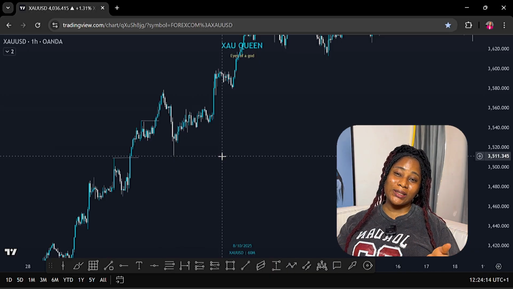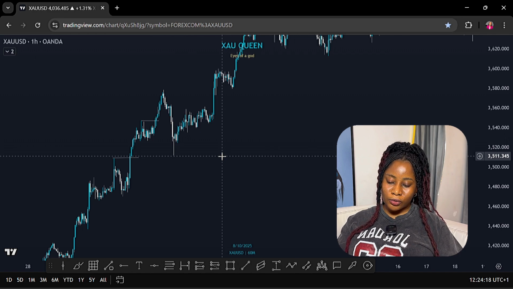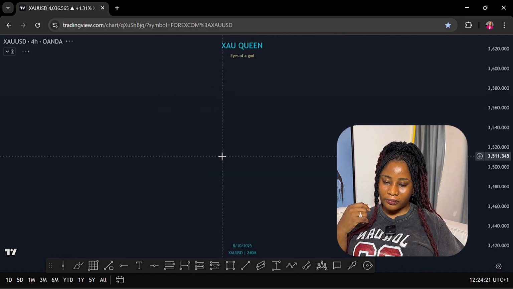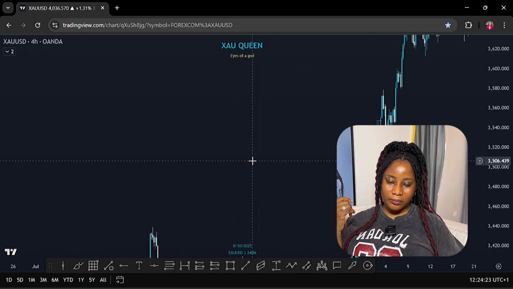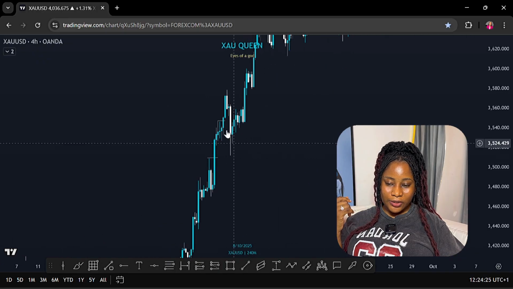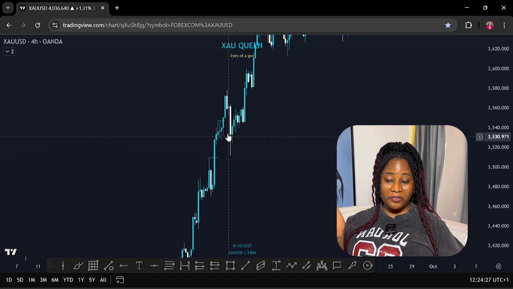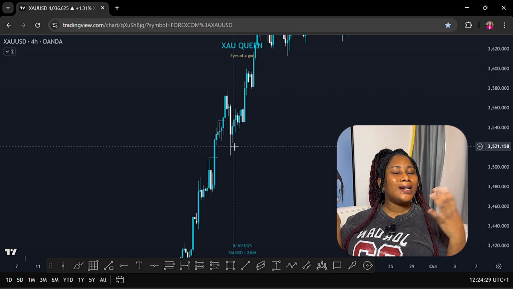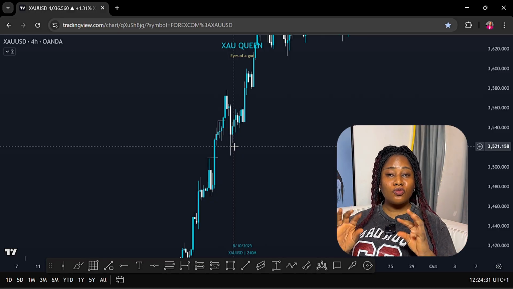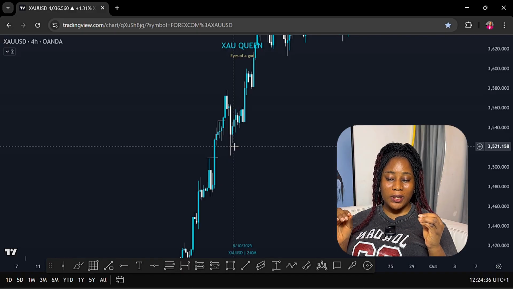Now, when you are confused like this, just see, don't stress yourself. In this life, trading is already so stressful. You don't need to stress yourself. Go to the 4 hours. You see this your break of structure. On the 4 hours, does it look like a break of structure? So simple. Zoom out when you are confused about your trading range. When you are confused, oh, where's my trading range?